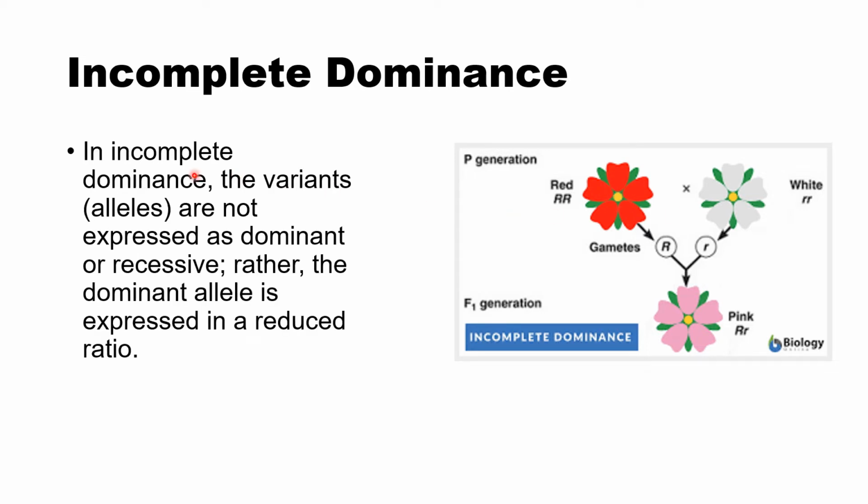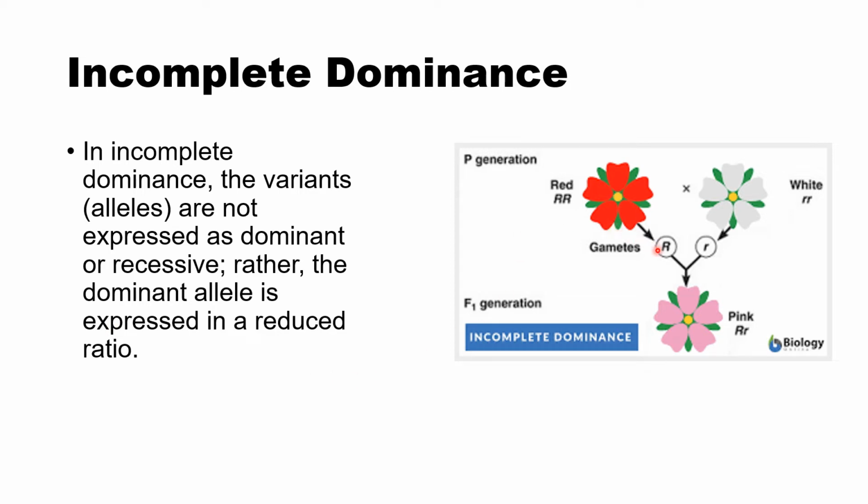So, in incomplete dominance, the variants, in this case yung allele natin, are not expressed as dominant or recessive. Rather, the dominant allele is expressed in a reduced ratio. So, yun yung incomplete dominance na tinatawag.